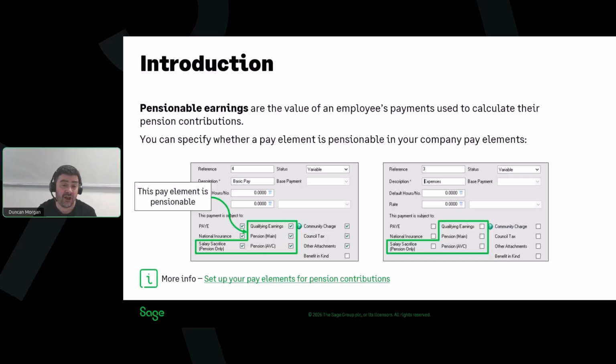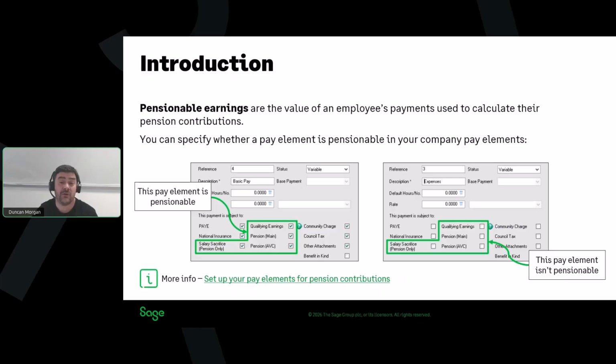So the settings that we've highlighted include the qualifying earnings setting, which makes this payment pensionable for schemes that use qualifying earnings for pensionable pay. Pension main and AVC, which flags it as pensionable for schemes that do not use qualifying earnings. And we've also got that payment set up in salary sacrifice calculations for salary sacrifice pensions.